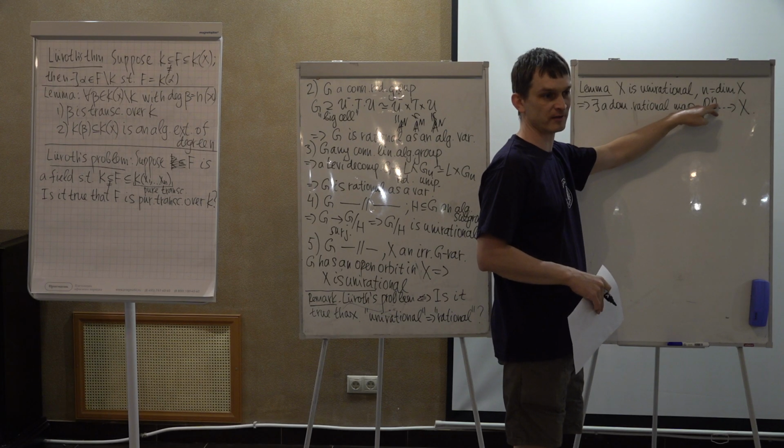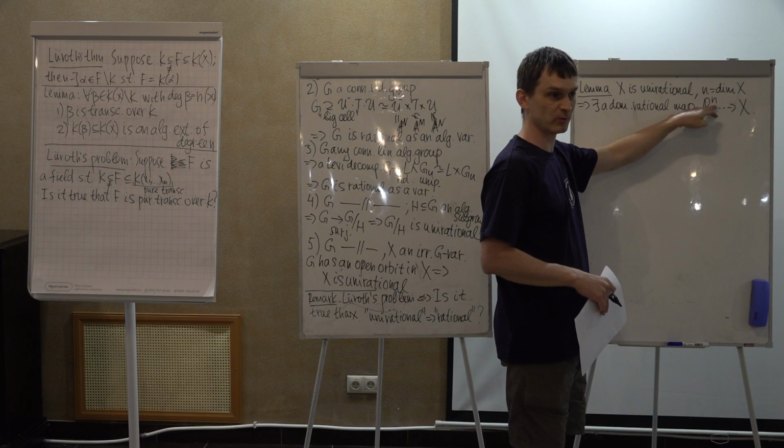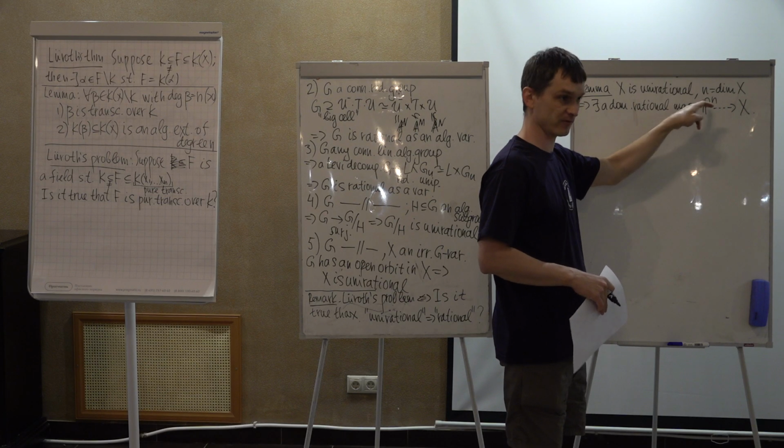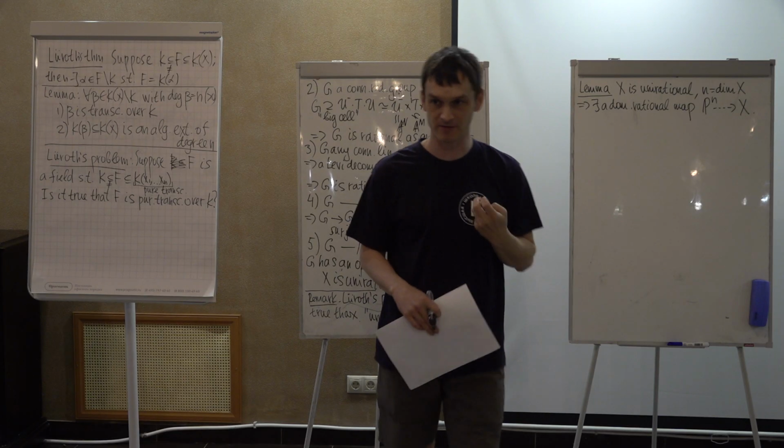But it turns out that if there is a dominant rational map for some n, then we can also find such a map for the same n, exactly the dimension of X.